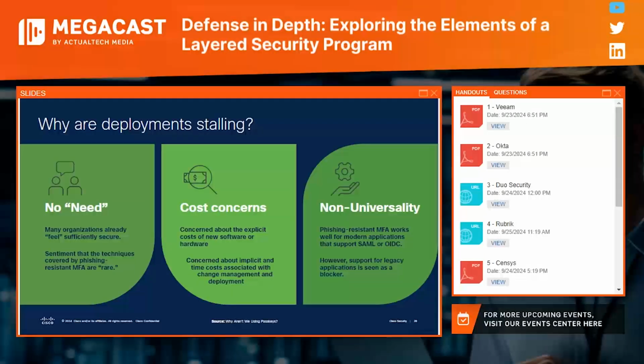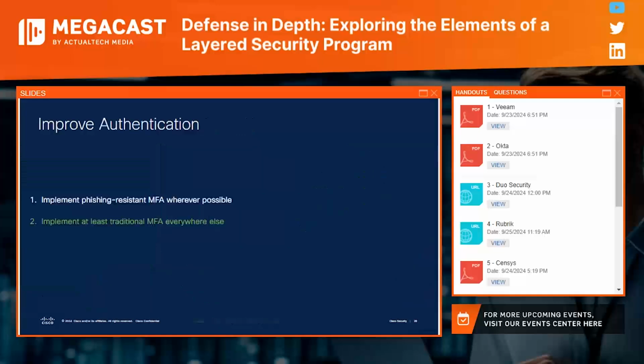I would argue that all of them are reasonable. I would still say that in light of them, it's always better to be pushing forward and trying to get phishing resistant MFA wherever you can, even if you run into some barriers at some point. Because then, once you've got coverage as wide as you can in your environment, the next thing you should do is get at least MFA everywhere else.